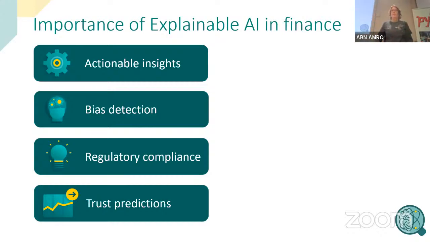And for bias detection, with explainable AI you can correct and improve bias so that you have less of it, for example based on age, gender, or religion.